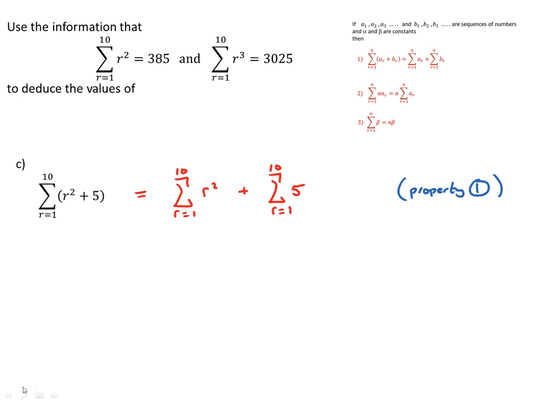The sum between r equals 1 and 10 of 5 just means that I've got 5 plus 5 plus 5 plus 5 10 times over, so that's just going to give me 5 times 10. So that's using property 3 there, and we're ending up there with 435.